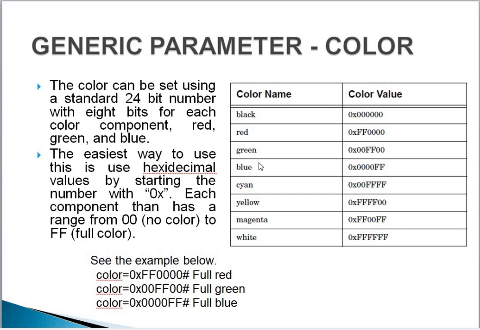For example, black is 0x followed by six 0s, red is 0xFF0000, and white is 0x followed by six Fs. See the example below: this one will represent full red, this one full green, and the color with this hexadecimal code represents full blue.